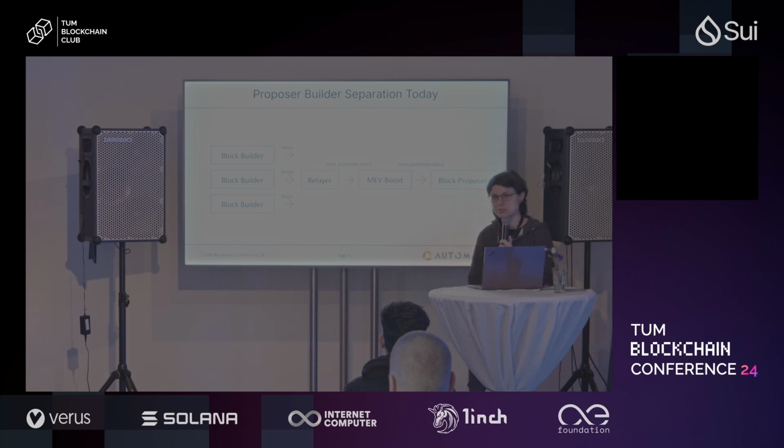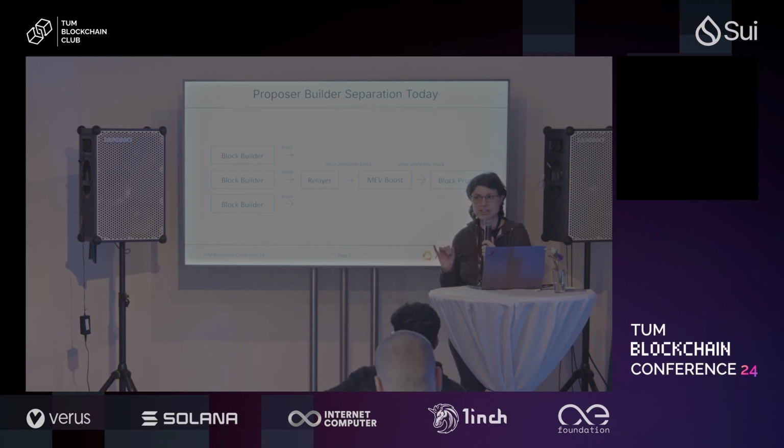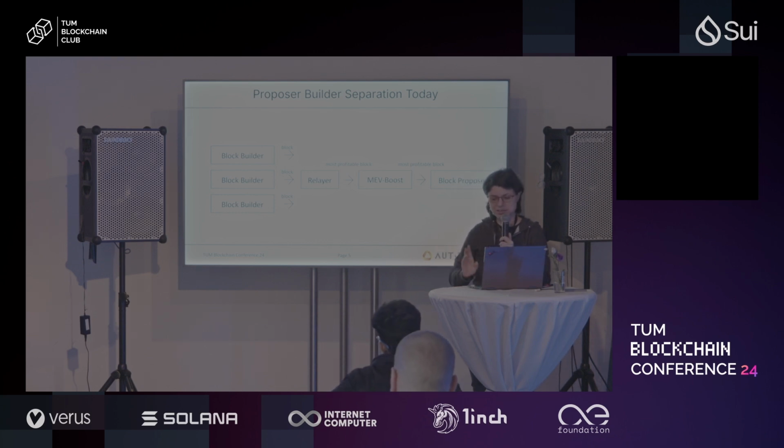Here, most profitable means the one with the highest value, usually. I mean, always. And actually, the proposer and MEV Boost don't see the actual block, they only see the header, but for simplicity, I'll refer to it as the block.